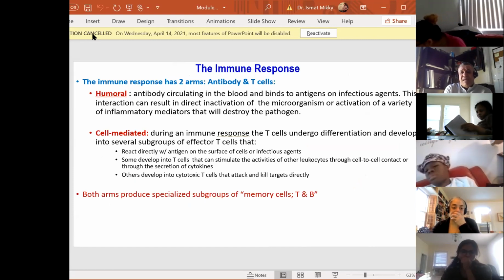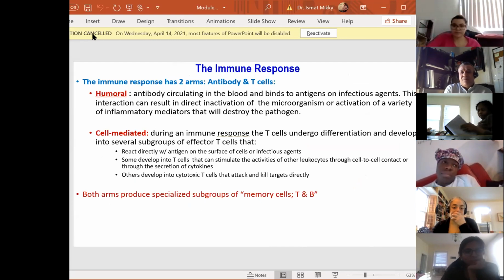You can't read the PPD test once you inject it, unlike when we do a penicillin skin test. You will inject a small amount of very diluted penicillin under the skin, and then wait about 10 to 15 minutes.